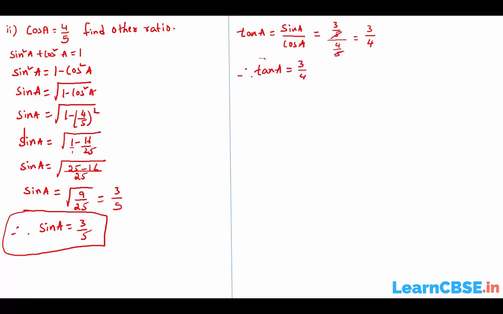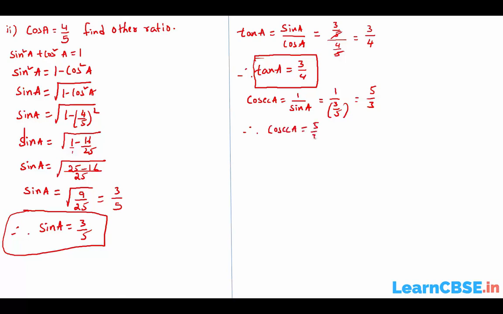Now we can go with the cosecant A, which is the reciprocal of sine. Cosecant A equals 1 by sine A, that means 1 divided by 3 by 5, which gives rise to 5 by 3. Therefore cosecant A equals 5 by 3.